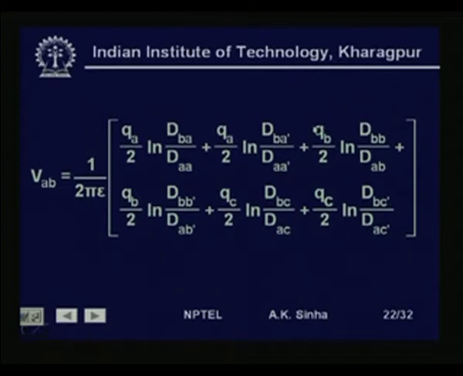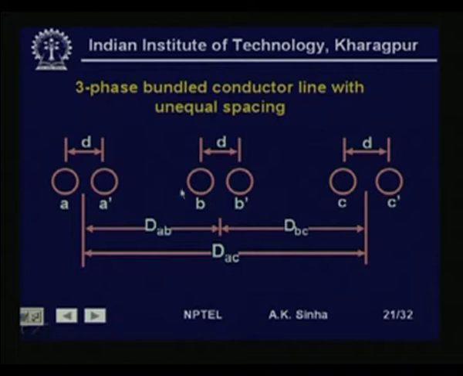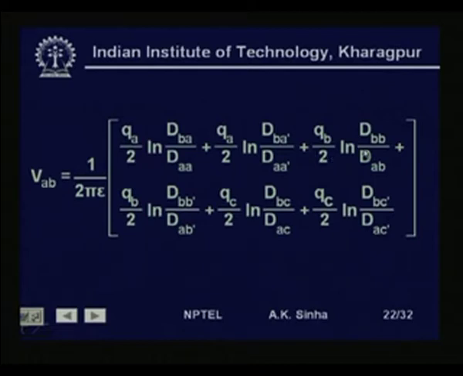Due to the subconductors of phase B, the voltage V_AB will be given by q_B by 2 ln of d_BB divided by d_AB, plus q_B by 2 ln of d_BB' divided by d_AB'. Similarly, for the charge on the two subconductors of phase C, we will have components q_C by 2 ln of d_BC by d_AC plus q_C by 2 ln of d_BC' by d_AC'.